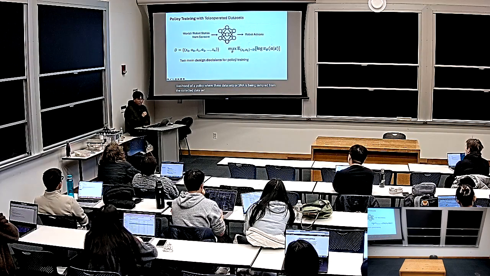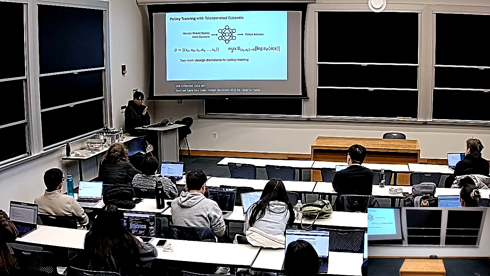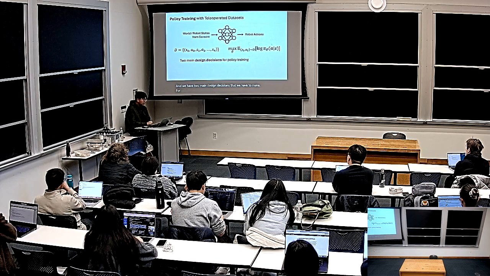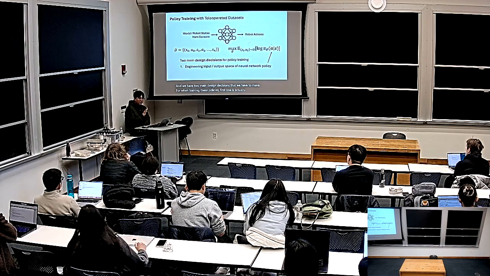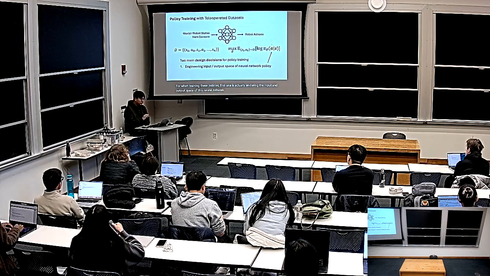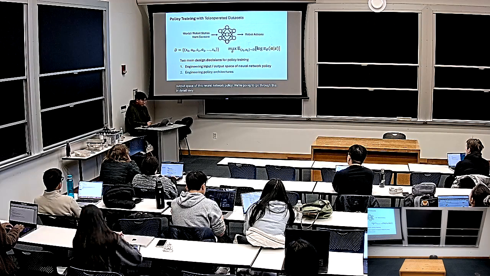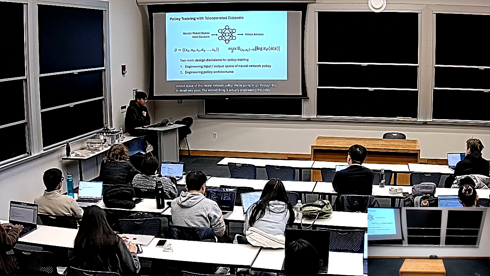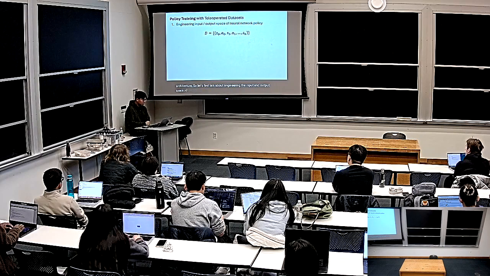We have two main design decisions to make when training these policies. The first is engineering the input and output space of this neural network policy. We're going to go through this in detail very soon. The second is engineering the policy architecture. So let's first talk about engineering the input and output space of the neural network policy. Well, what do I mean by this?